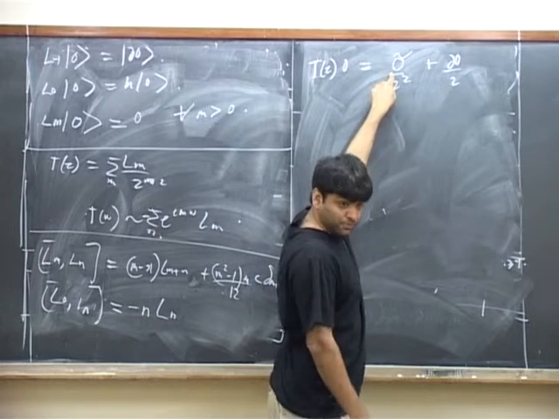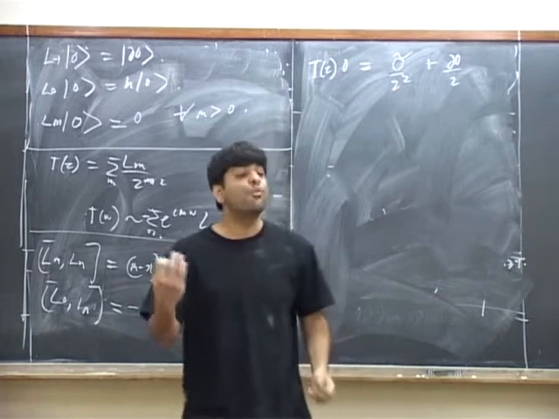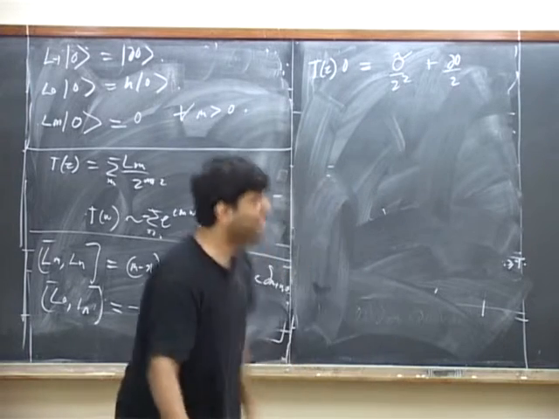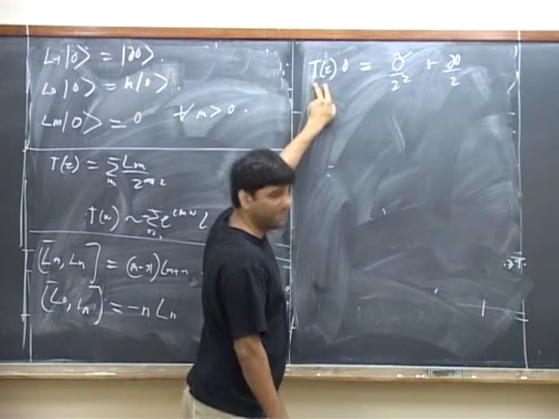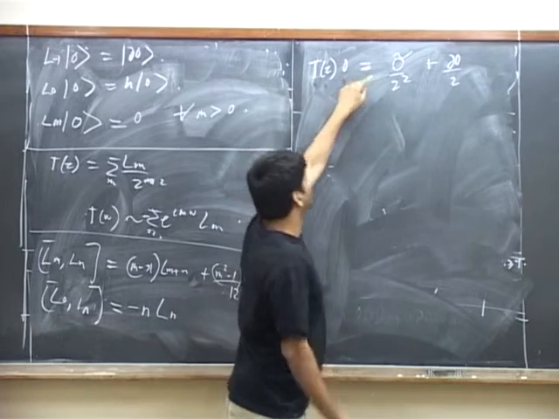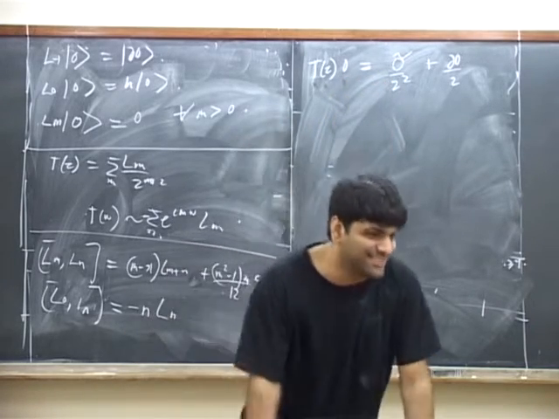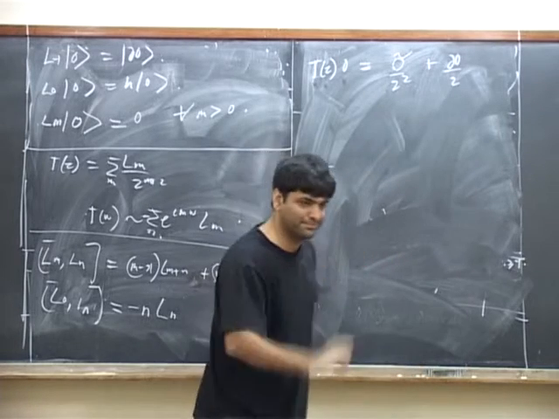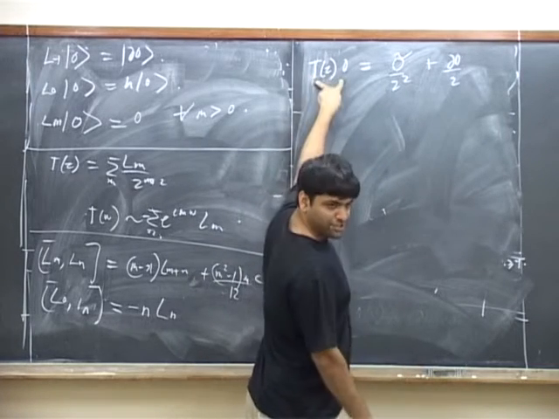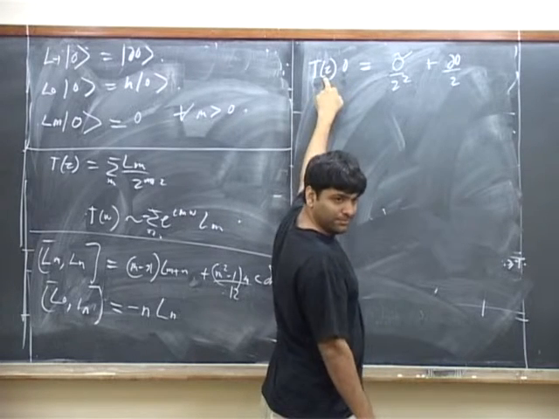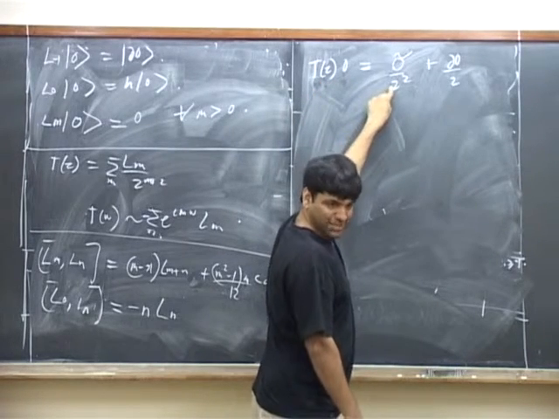notice that for this to be true, it must be that O tilde has the same weight, the same dimension. Because T is dimension 2 and O has some dimension, the dimension of this side of the OPE is the dimension of O plus 2, since we've got the 2 from 1 over Z squared.